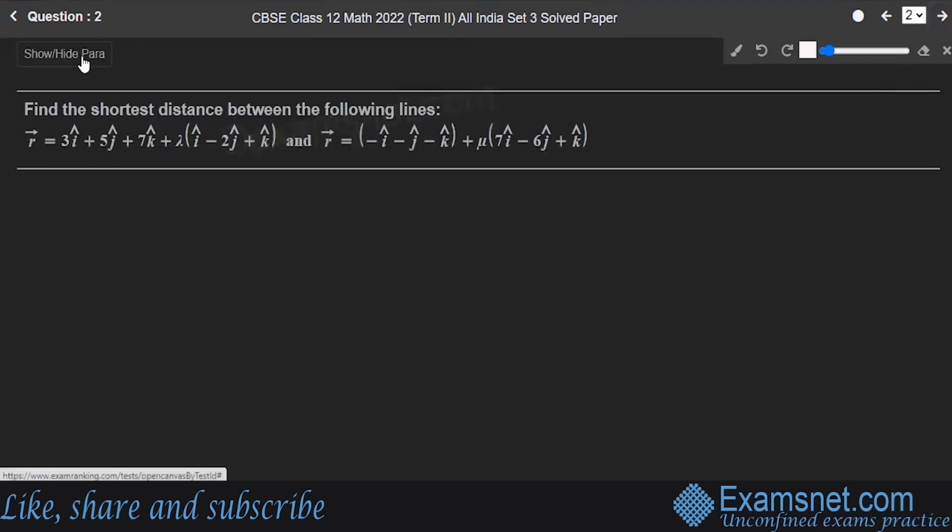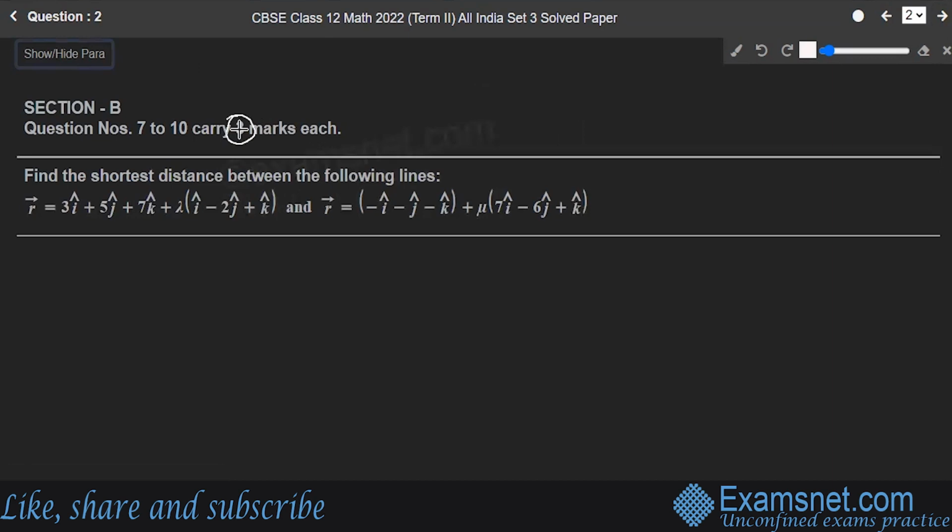Now this is from your section B. That means this question is a 3 marks question. Vector problem. You have to find the shortest distance between the two lines, this and this. Let's write down the two lines first. This is, let's say, R1.